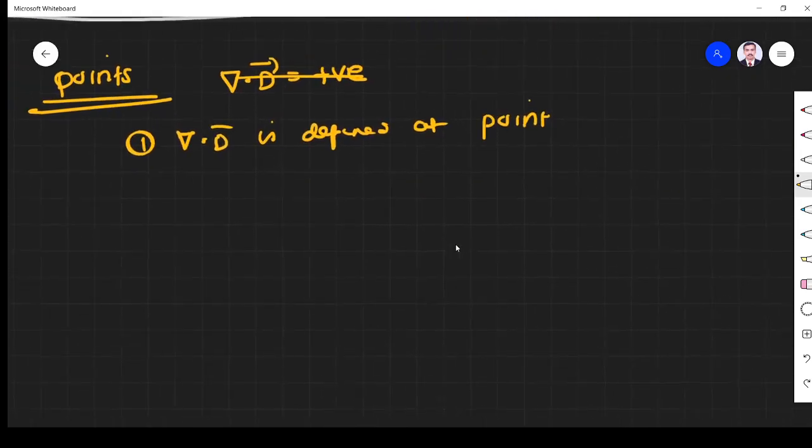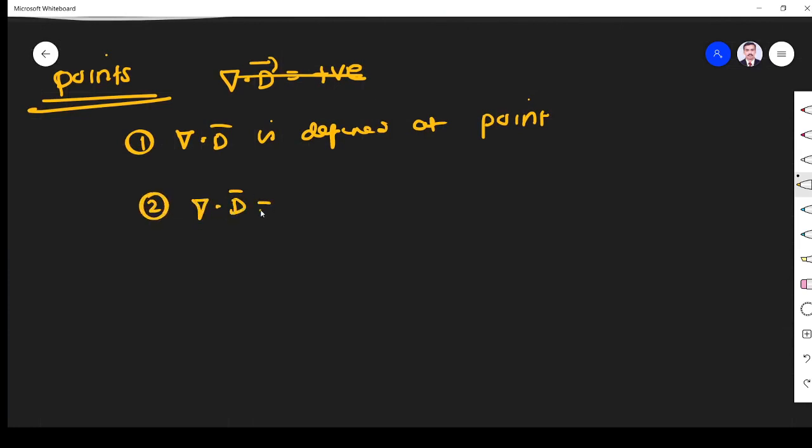Next, suppose del dot D is positive. What is the meaning? It is outward flow from the particular point. At this point, divergence is positive means the vector is flowing away from that point.